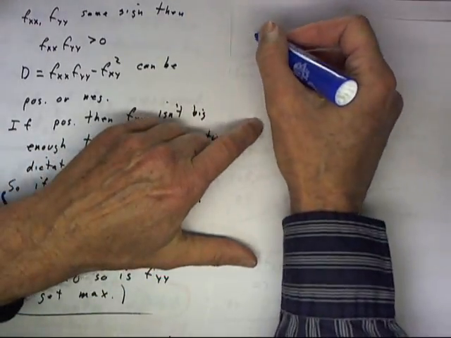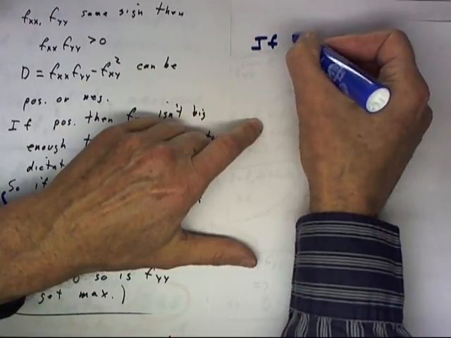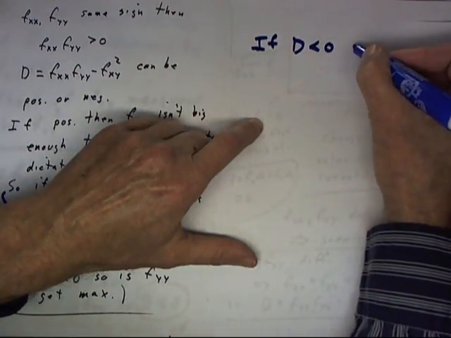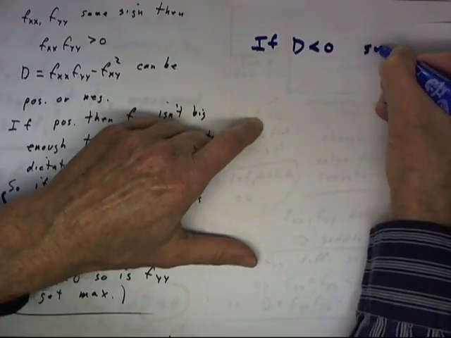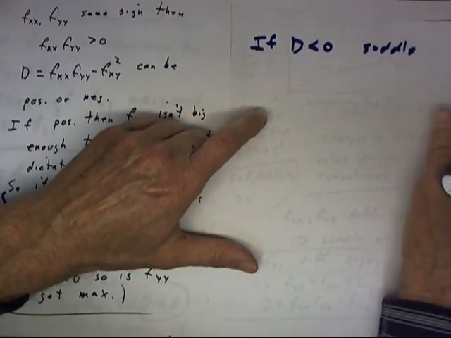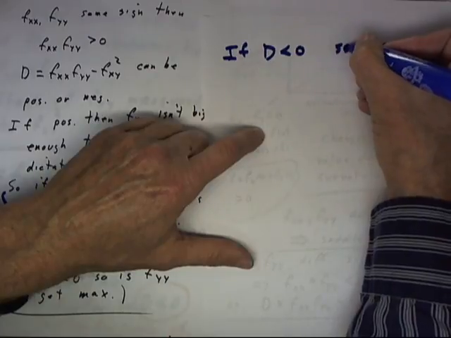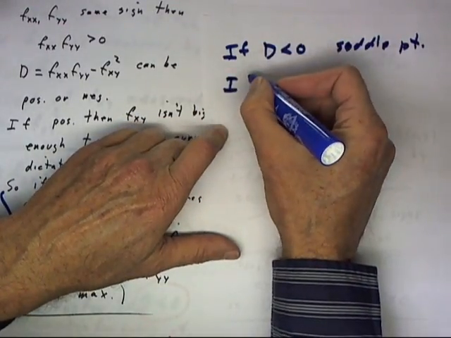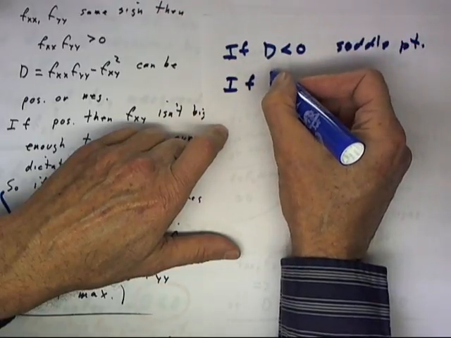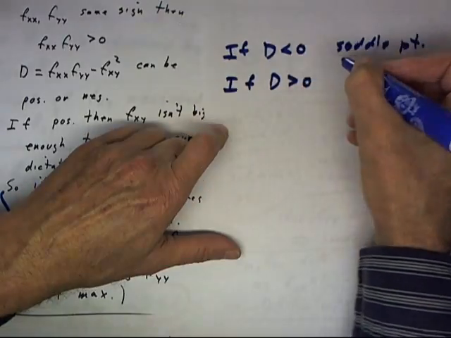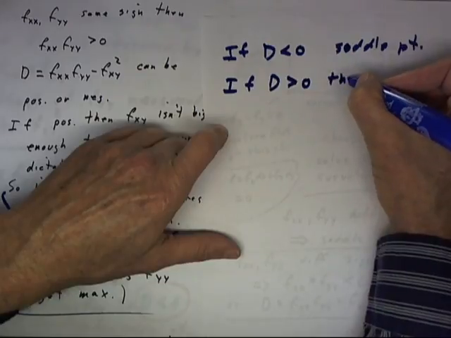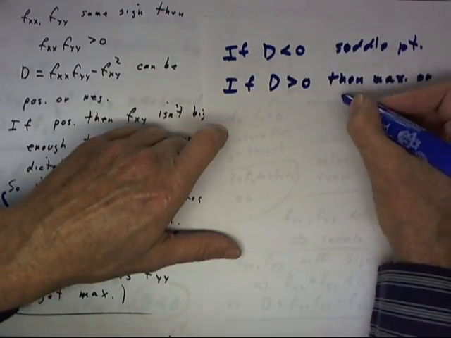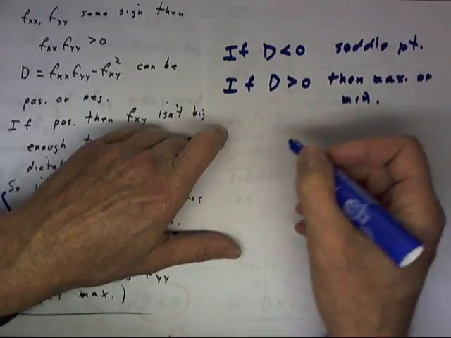So we can say that if d is less than 0, we have a saddle point. If d is greater than 0, then we have a max or a min.